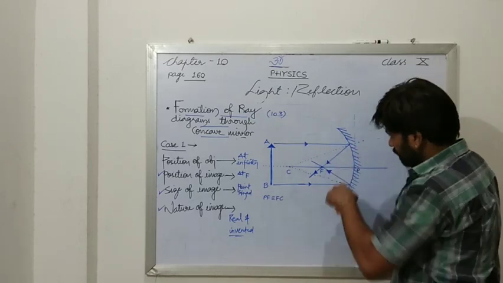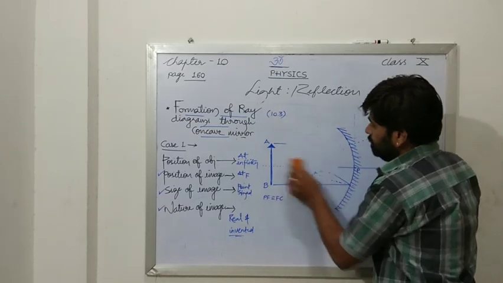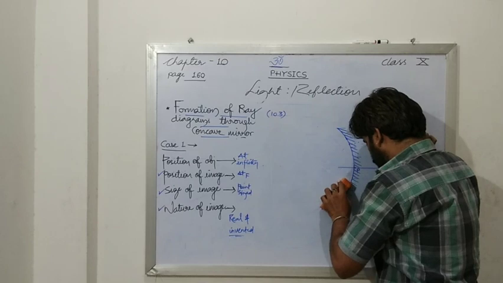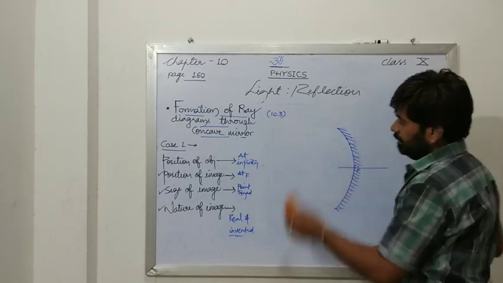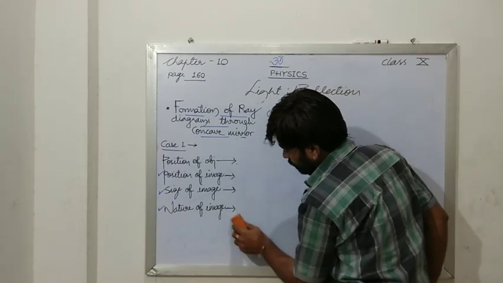You have to draw the same diagram again for rule number 2, or for case number 2. I am going to do it in the same diagram. Now let us move to case number 2.